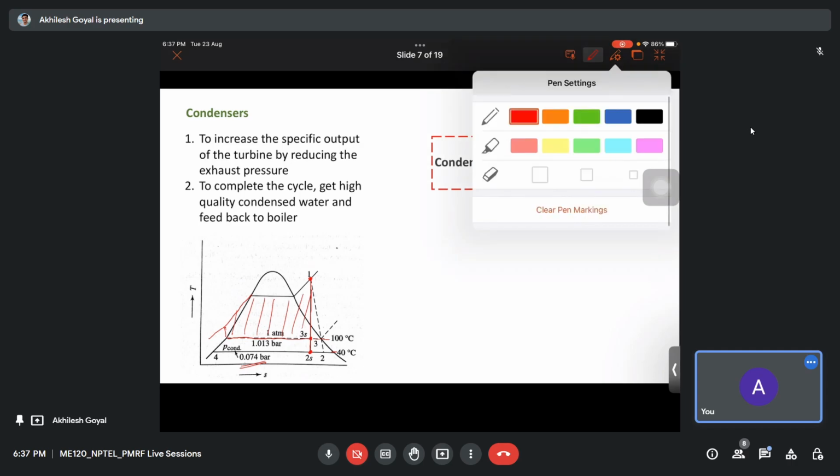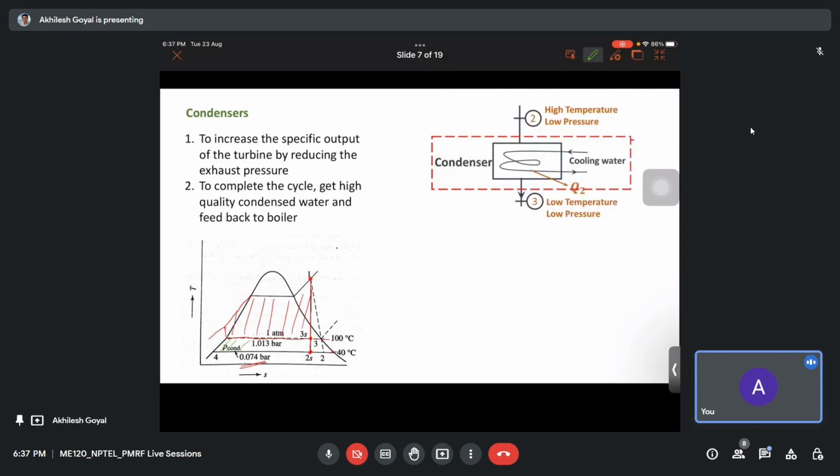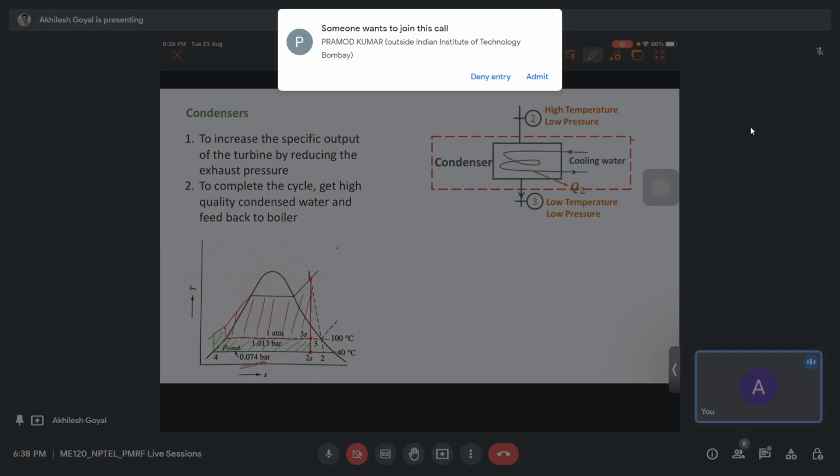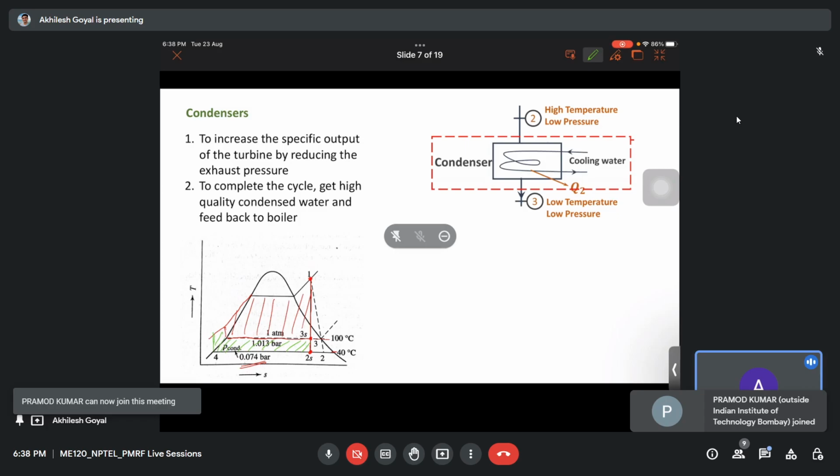then this hatched area in the green is increased. So we can say, if we can expand the steam to the atmospheric temperature in some way, then we can increase the specific output of the turbine.